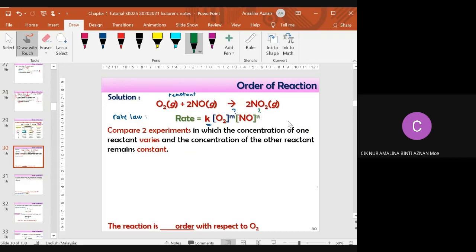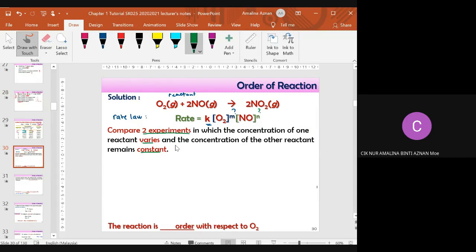So that is why kita kena compare two set of data ataupun two experiment punya data. Okay, so tipsnya tadi Miss dah cakap, satu concentration yang sama, satu lagi concentration yang berbeza. Satu varies and one kept constant.